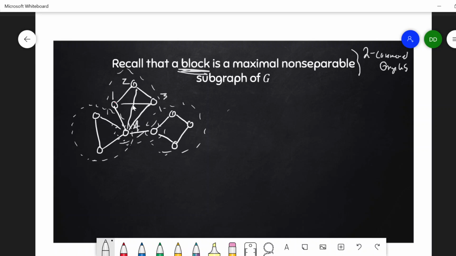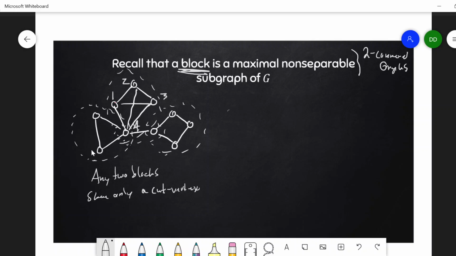Since any two blocks share only a cut vertex, I can take all the colorings for all of my blocks, and since a block only intersects another block at a cut vertex, if I color that 4, I can take a coloring over here using at most 4 colors that leaves this vertex 4.